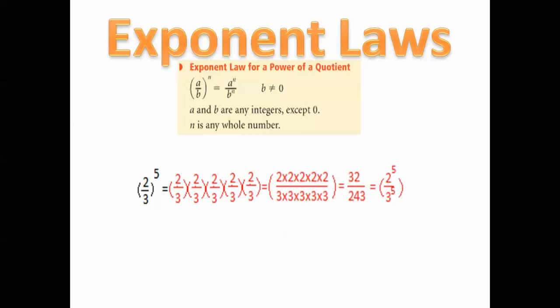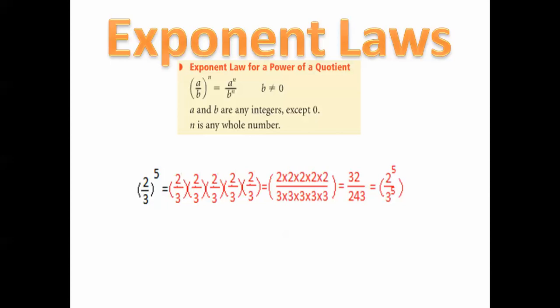That gives us 32 over 243. But we can also write that as 2 to the power of 5 over 3 to the power of 5. As you can see, all we did is move the 5 inside the brackets and apply it to the 2 and the 3.